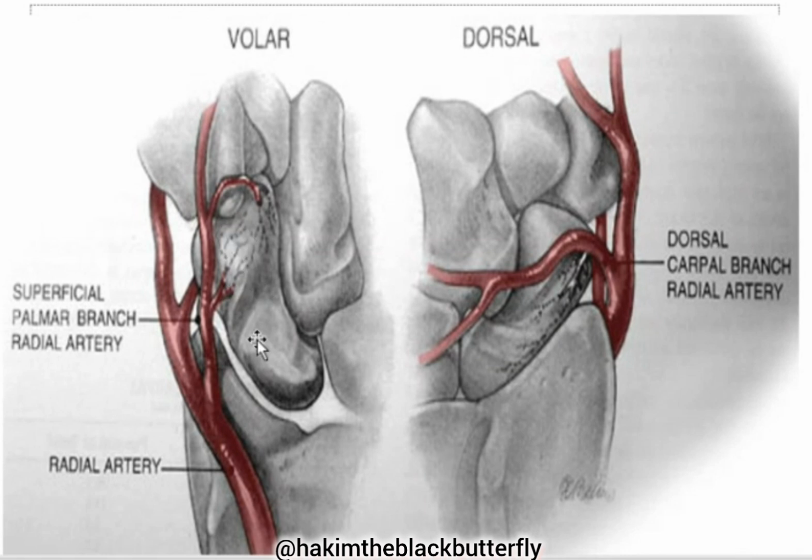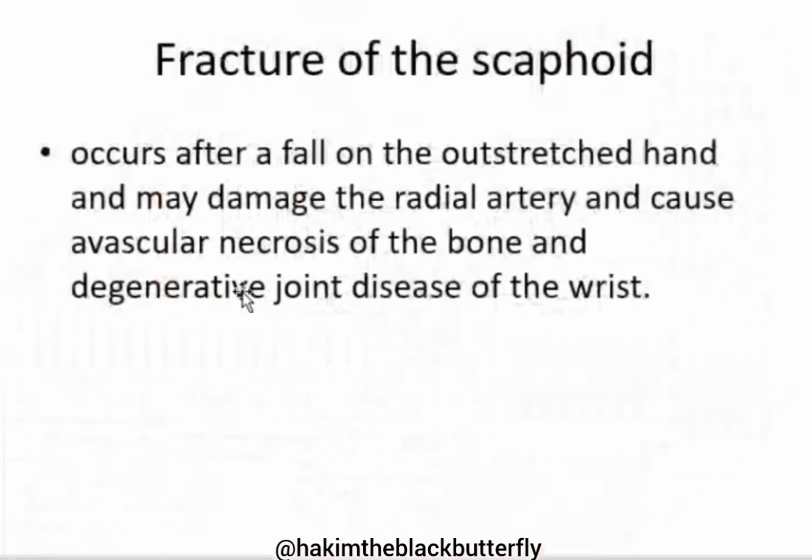And when these tissues begin to die off because of cut off of blood supply as a result of the fracture which has injured the blood vessels, we are going to have a condition known as avascular necrosis. Avascular means no longer receiving blood. Necrosis means death of tissue. Avascular necrosis of the scaphoid bone.